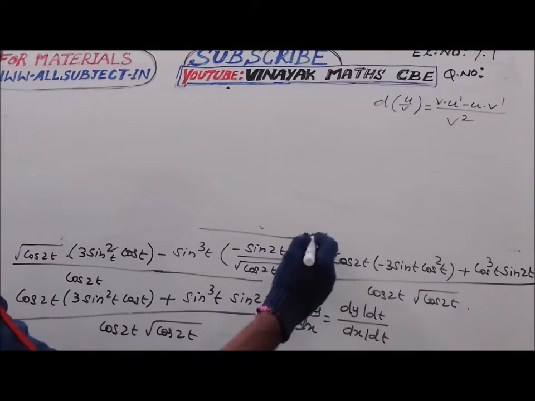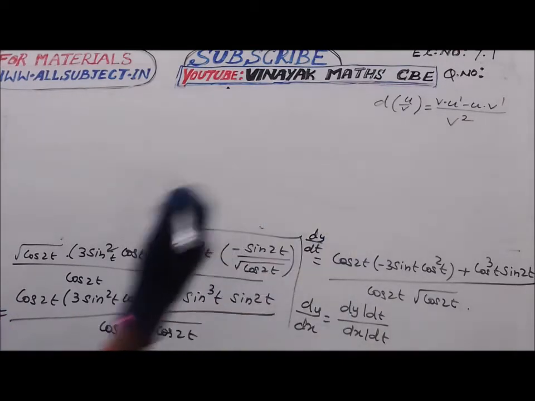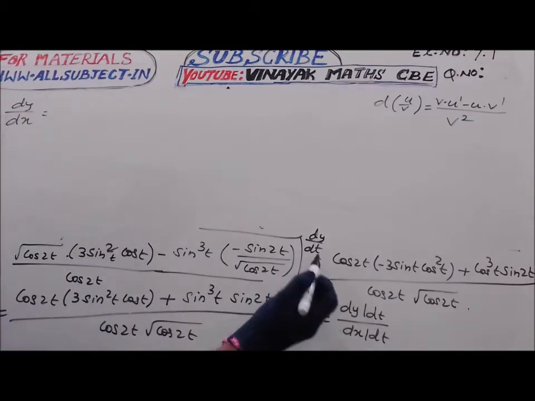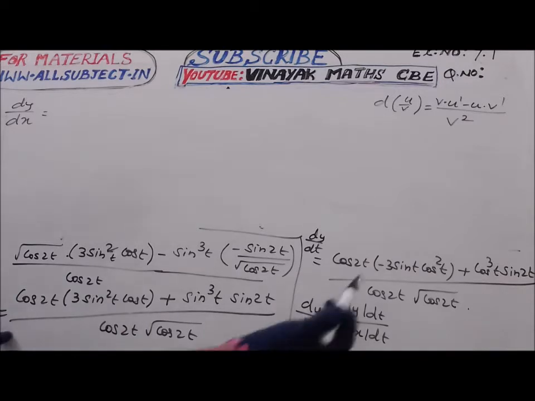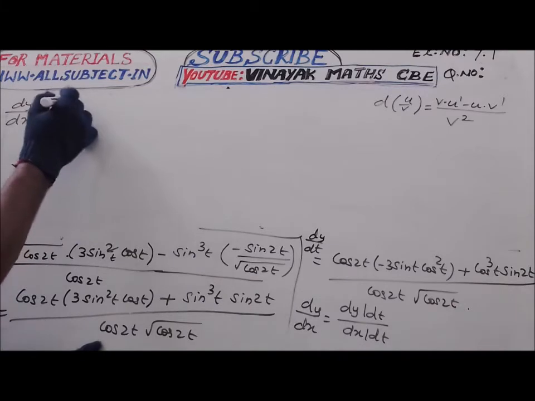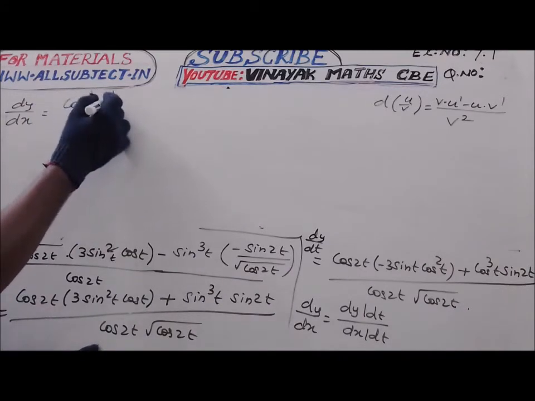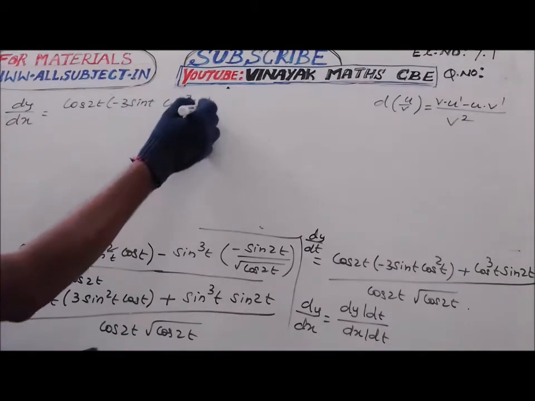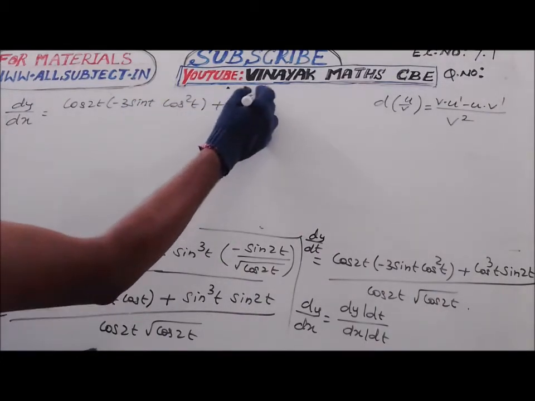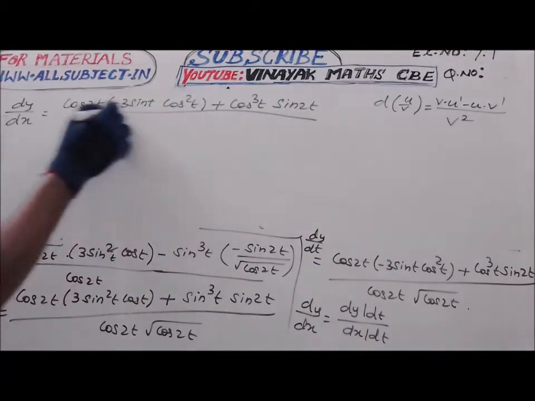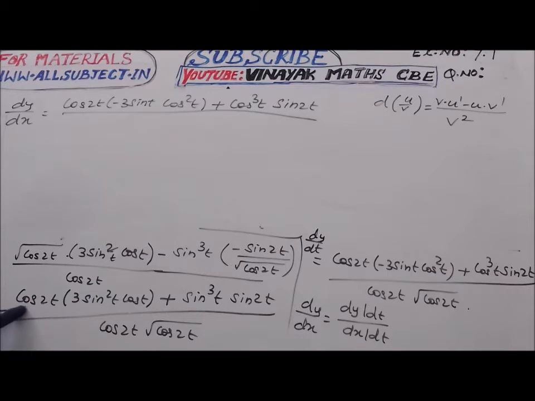So this is dy by dt, and dy by dx is equal to dy by dt divided by dx by dt. When you divide these two, the denominator gets cancelled. Remaining is cos 2t into minus 3 sin t cos square t plus cos cube t sin 2t, divided by dx by dt.